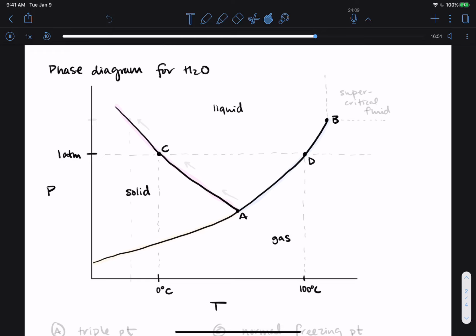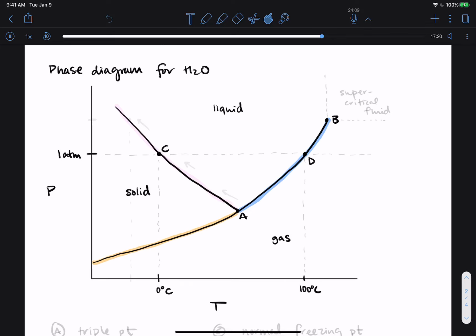So this line that I'm going to highlight in orange is my solid-vapor line. In blue, it's the boundary between liquid and vapor, so this is my liquid-vapor line.